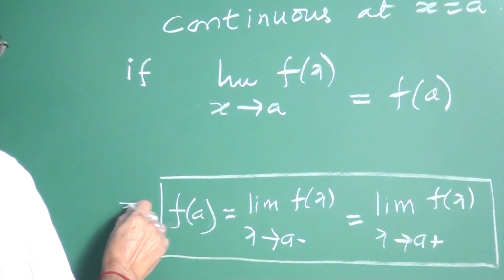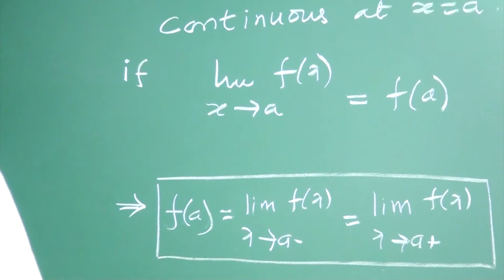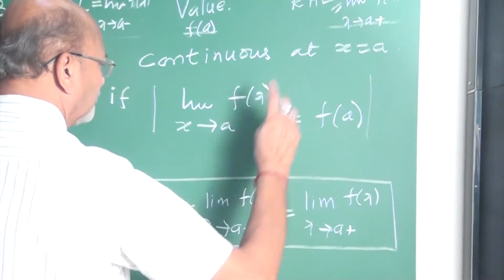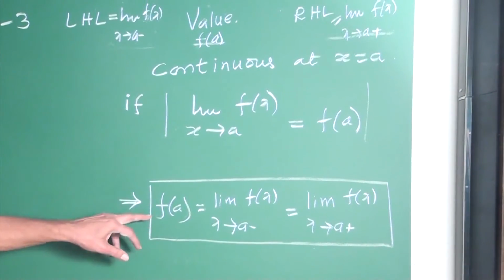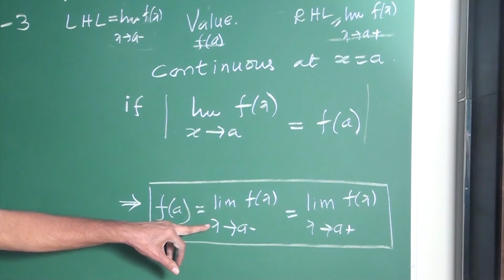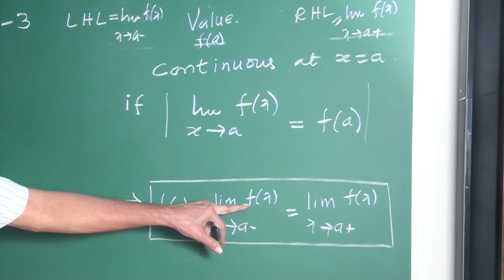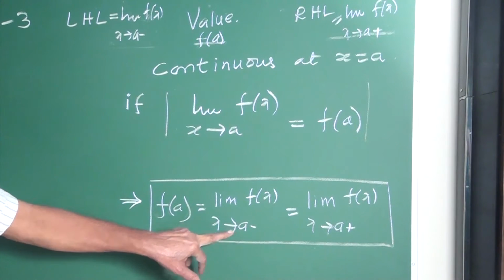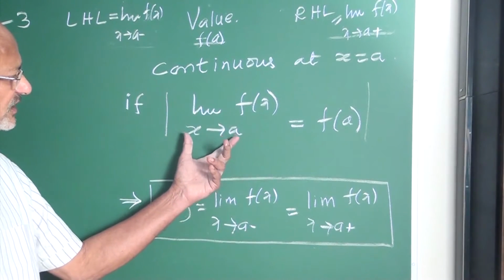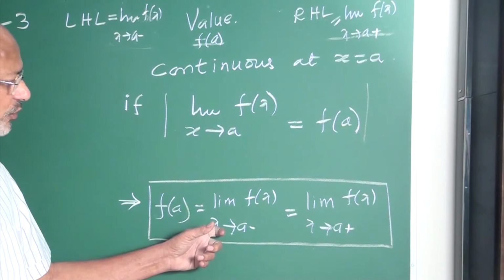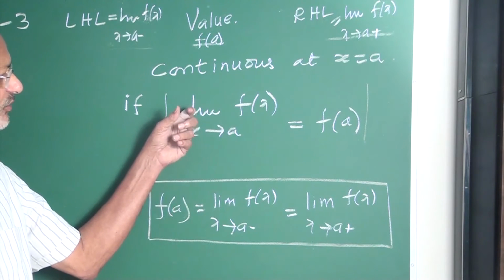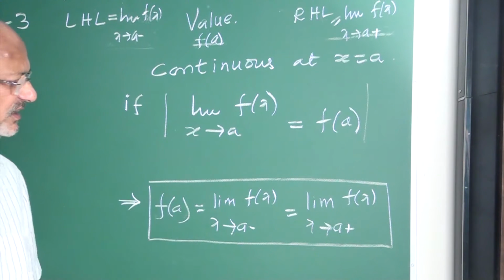This implies either this or this. So when to use which? If f(x) is defined separately for x less than the point and x greater than the point, use LHL and RHL. If it is not given separately for lower and higher values, in that case you can directly find only the limit instead of LHL, RHL.